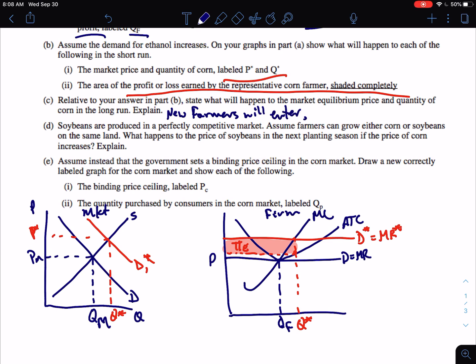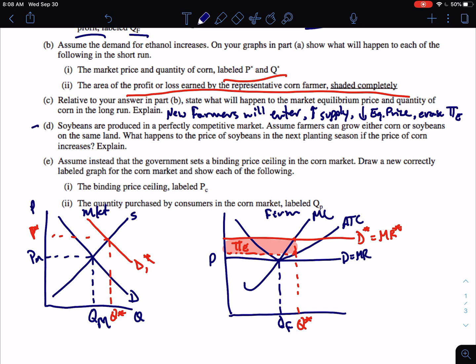That is going to increase supply, which is going to decrease equilibrium price and erase profit. And the reason for that is, of course, because when there's profit, new firms will enter. That will just always happen.